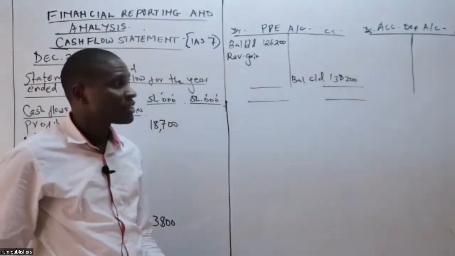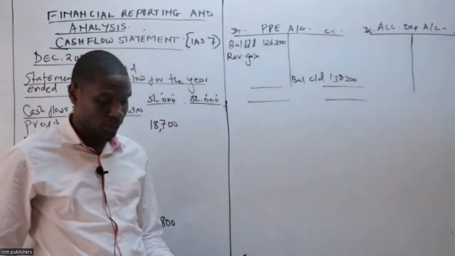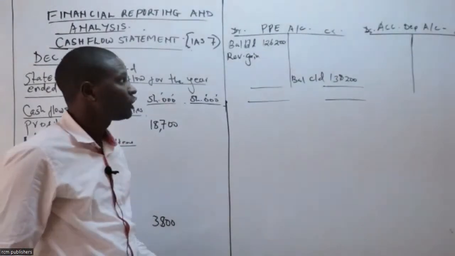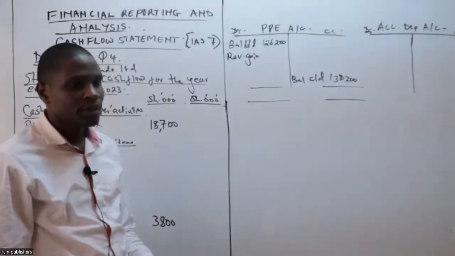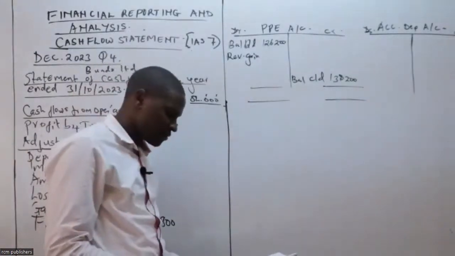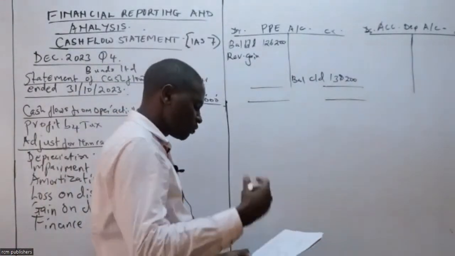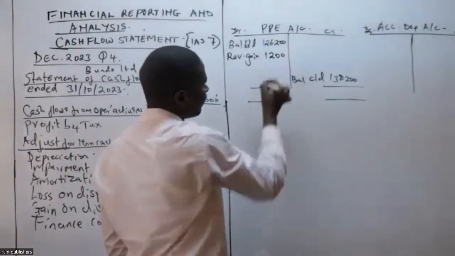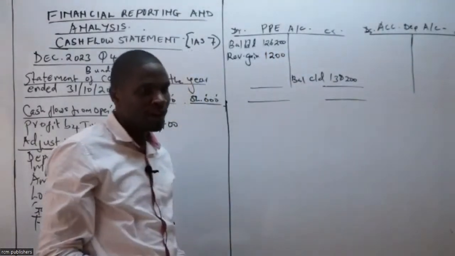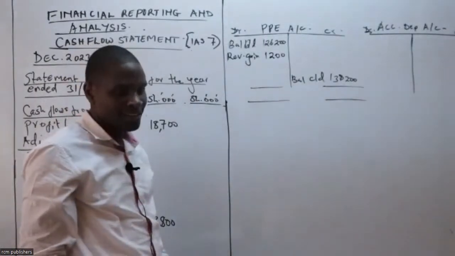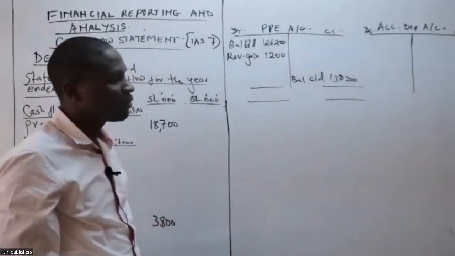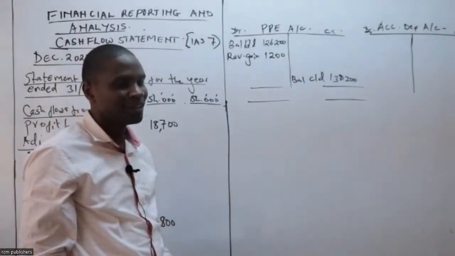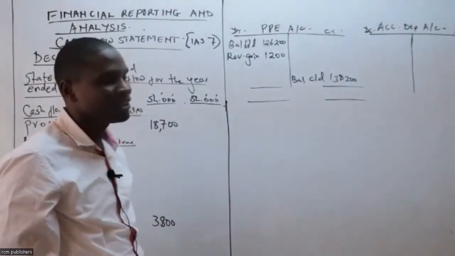Can you see still below, that table, we are told that it was revalued upward, and the amount was 1,200. With that, we are able now to go on the other side to do the same for our accumulated depreciation.